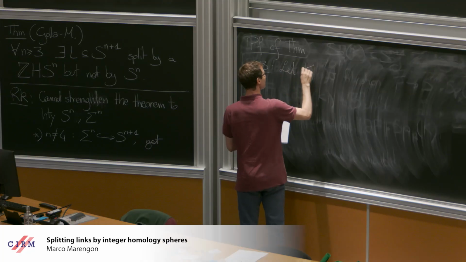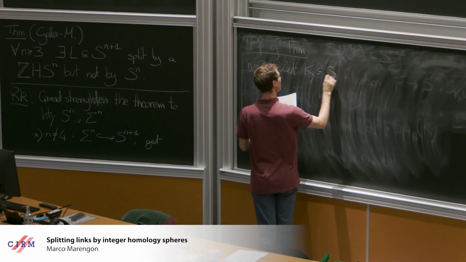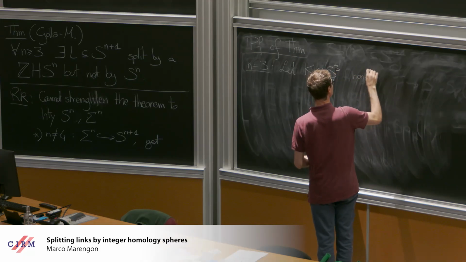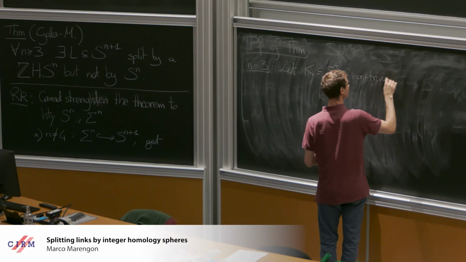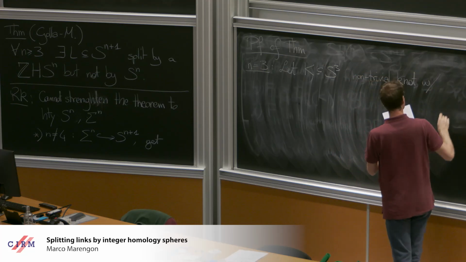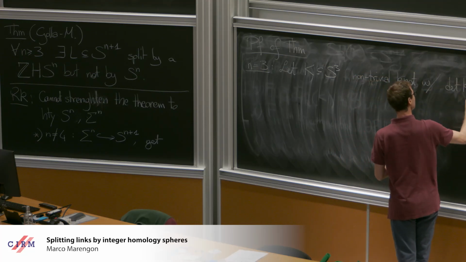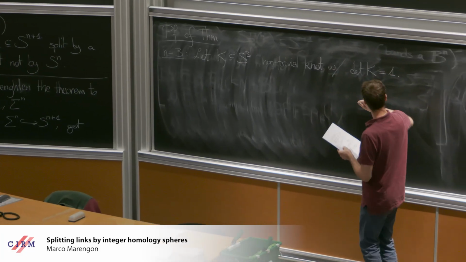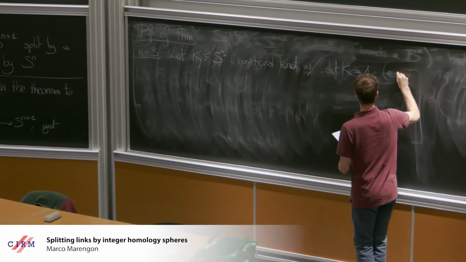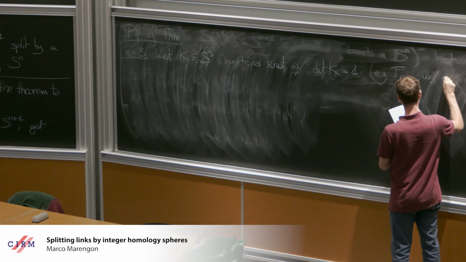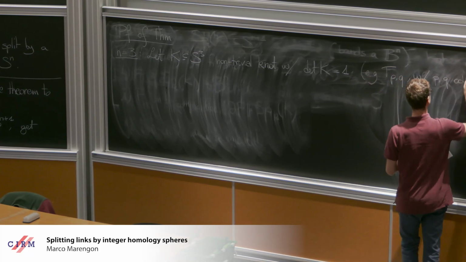So we start with K in S^3, and I choose a non-trivial knot with the determinant of K equal to 1. And there are plenty of these knots. For example, you can choose any P, Q pretzel knot with P and Q both odd.